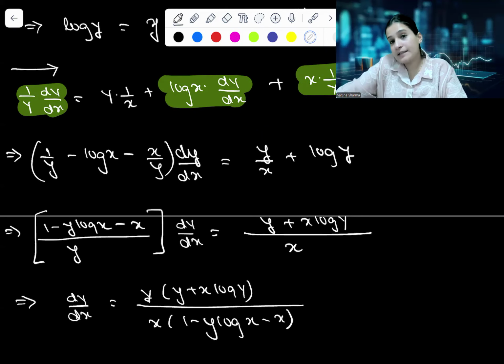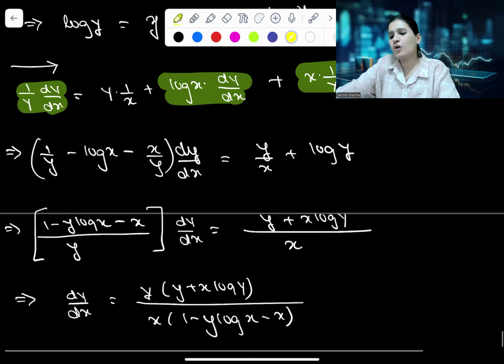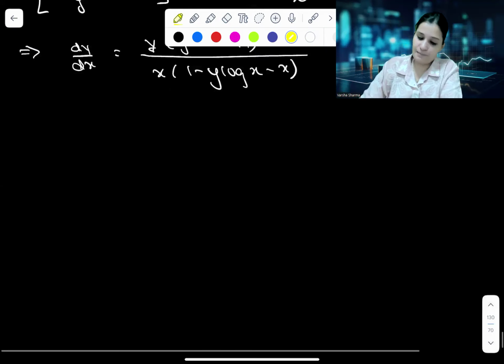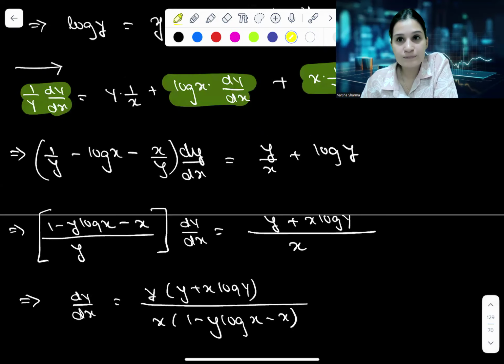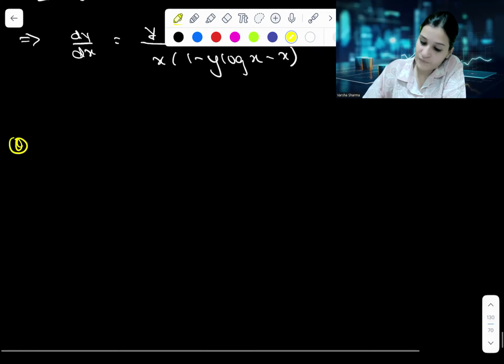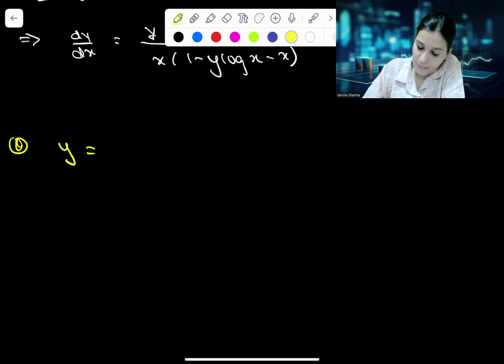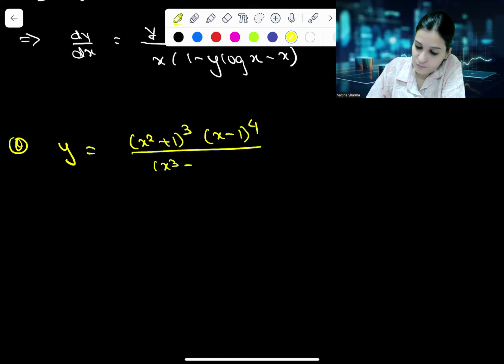Now, ma'am, the same logarithm can also be used when there are a lot of terms. For example, we all completed the previous sum. y is x square plus 1 whole cube, x minus 1 power 4, x cube plus x to the power 2.